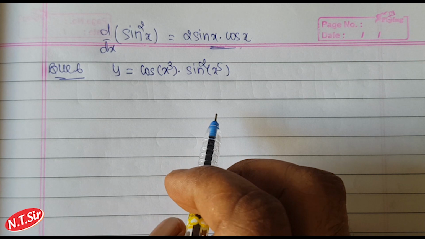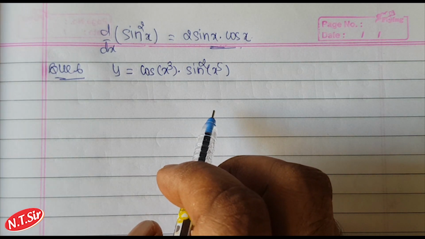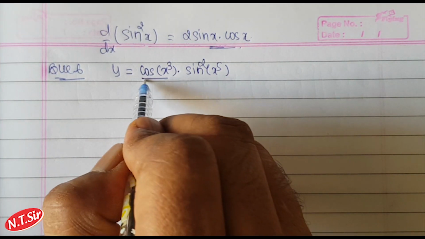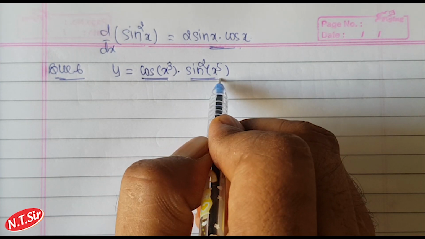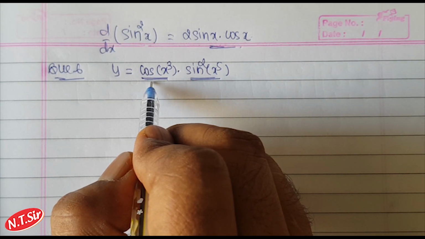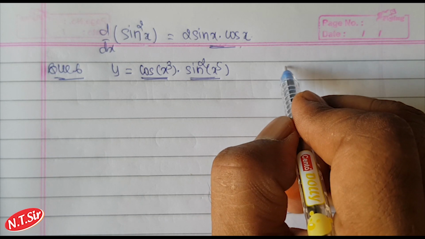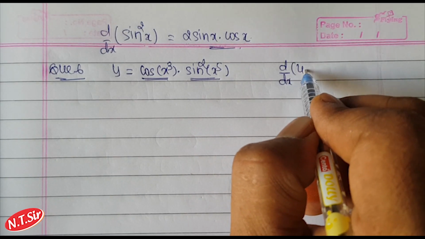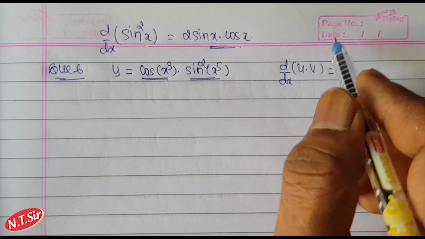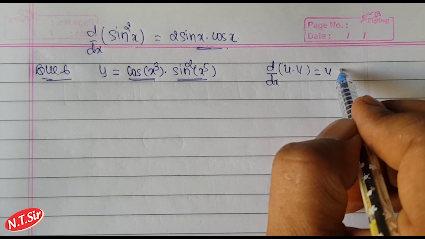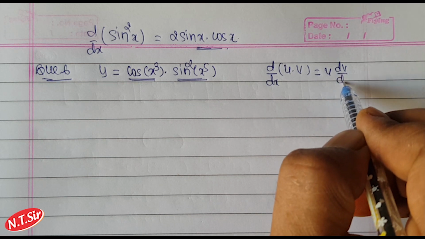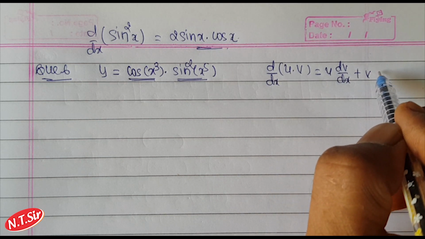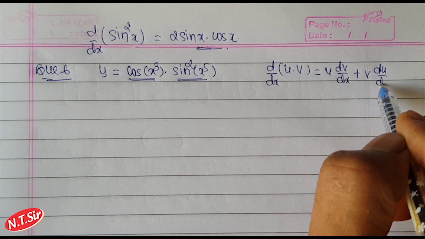So here given two functions, so we have to apply u into v product rule. You know d dx of u into v is equal to u dv by dx plus v du by dx.